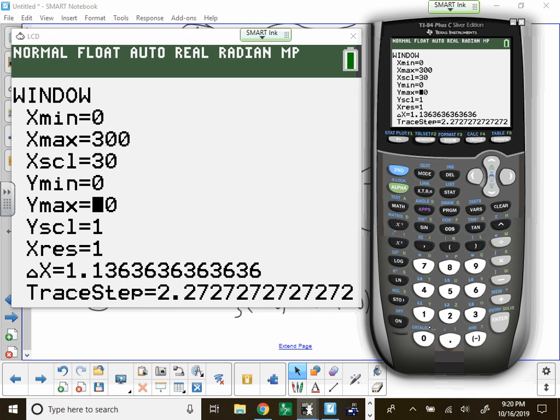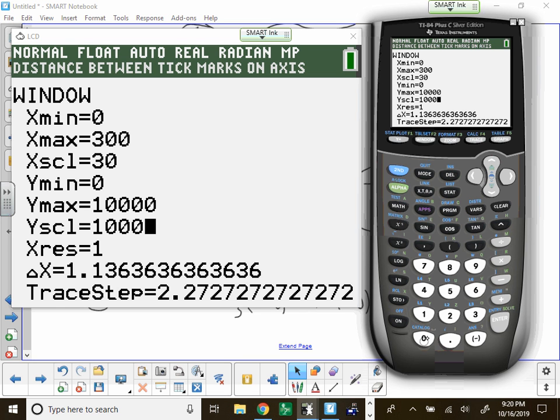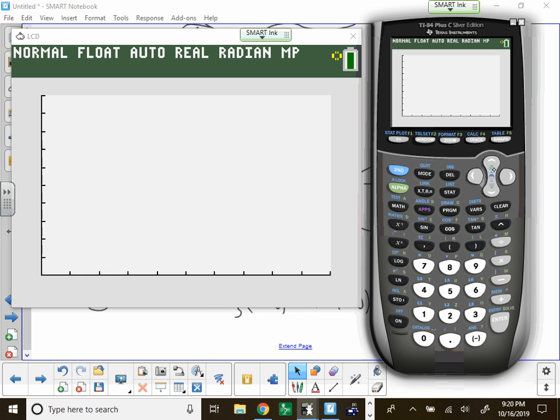Okay, and I'll do a revenue of 10,000. Scale of 1,000. And again, you may have to readjust this and graph. So you can see it goes up and it goes back down. And from 0 to 300, it's exactly, and I think I even nailed it in the center.